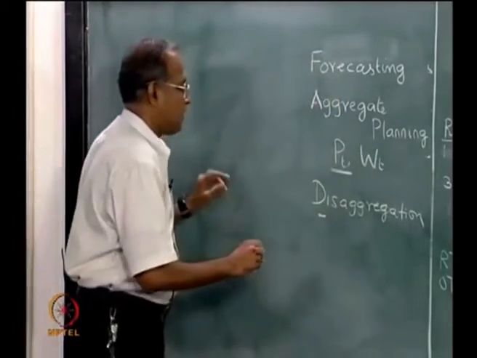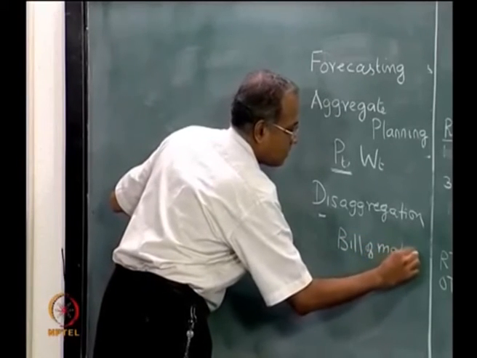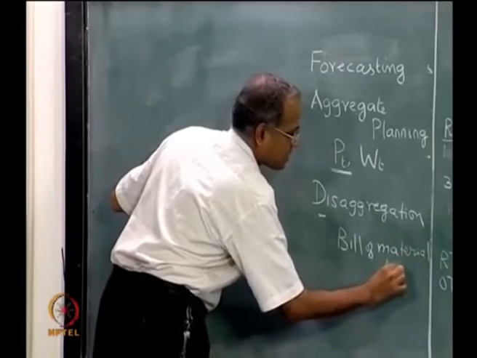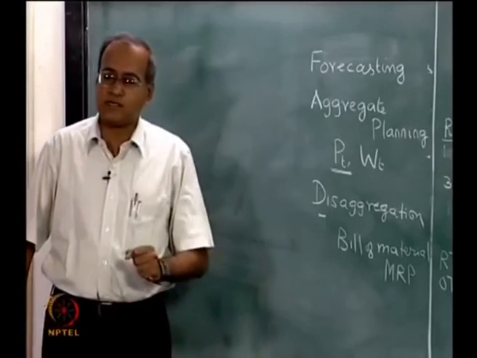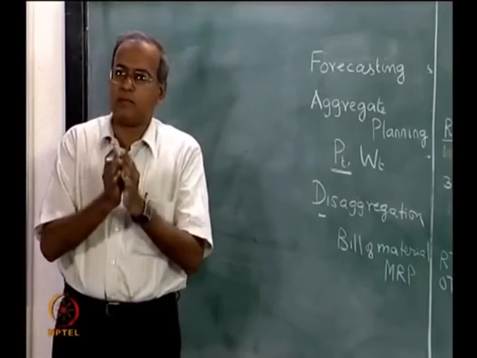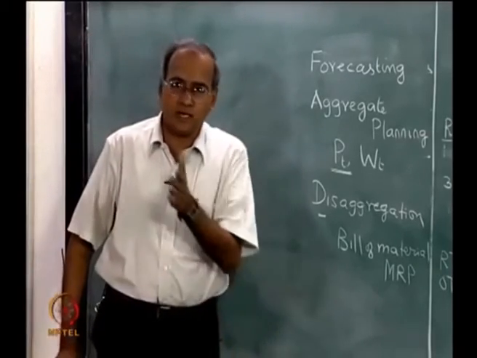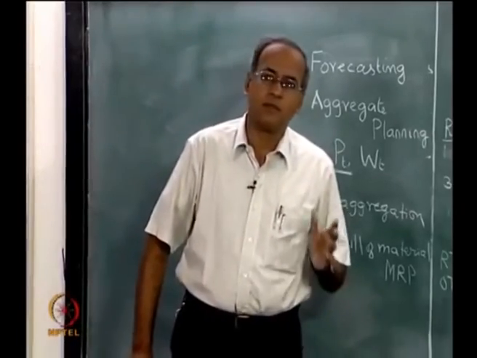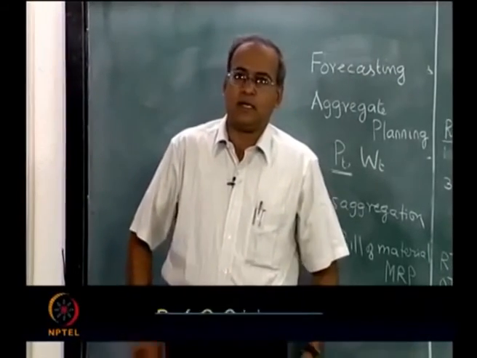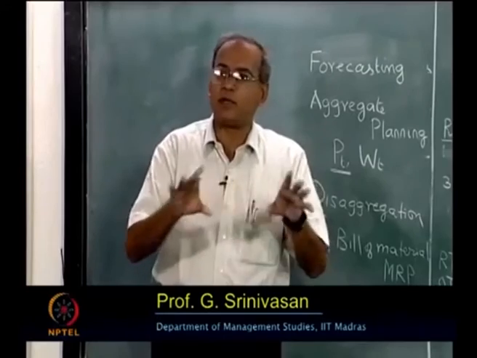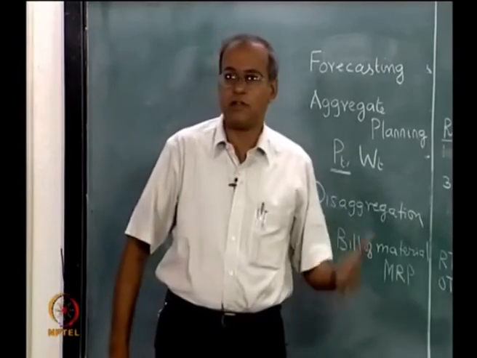Now, that is answered by what is called the bill of material, as well as by what is called MRP, materials requirement planning, which tells us if we are going to produce and meet the demand for this many quantity of each of the products, what are the corresponding bought out items and in what quantities they are demanded or required, and then how are we going to manage our material or inventory buying policies for these items.